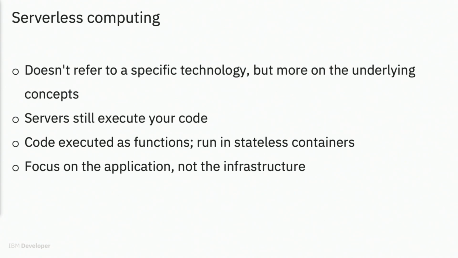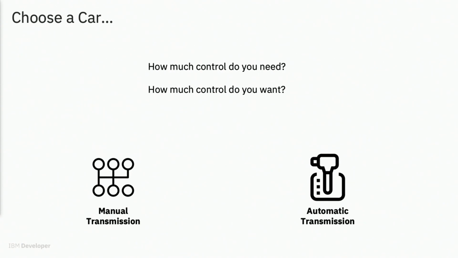dealing with that infrastructure. So one way to look at this is, when you think about choosing a car, you can look at it in terms of, do I want a manual transmission? I can have more control, maybe potentially a little bit more maintenance, or do I want an automatic transmission where I just need to get to point A to B?